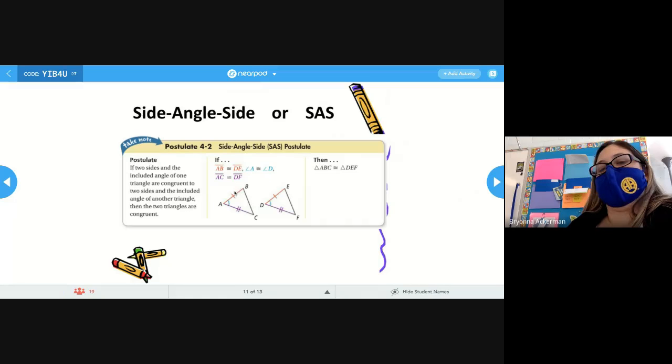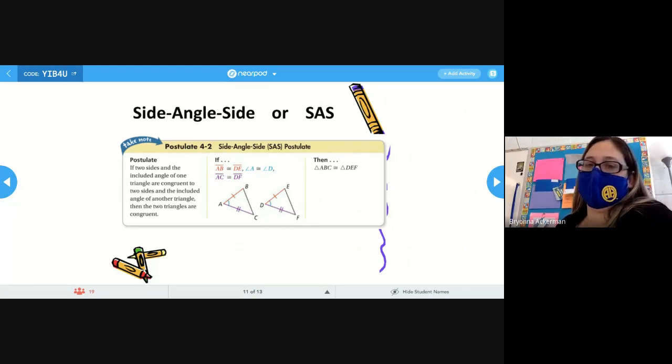So if I have a side congruent to a side, the angle, and then another side, then they are congruent triangles because of side, angle, side. They have to follow that pattern though. Okay. So let's look at a little closer example.